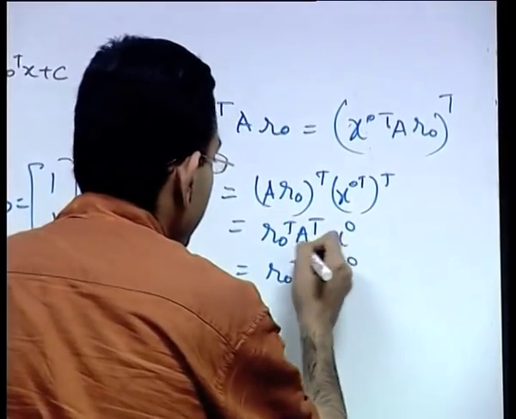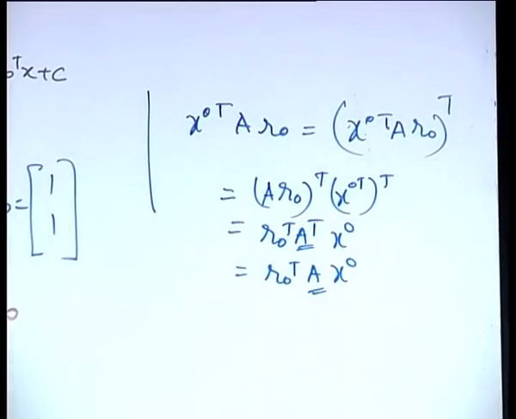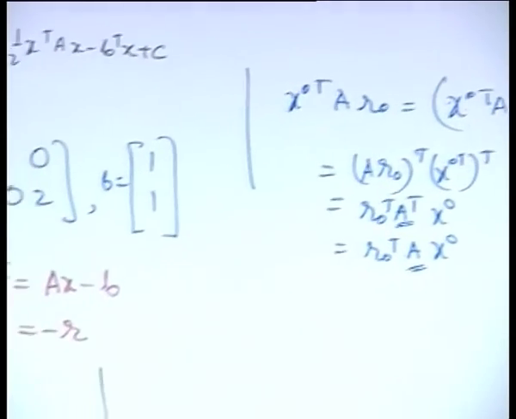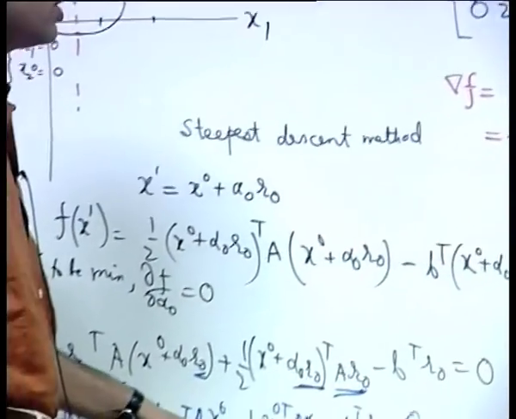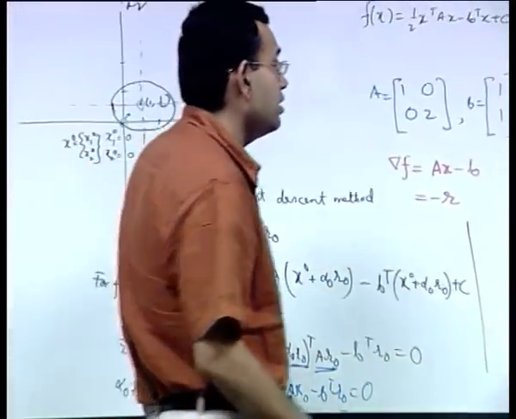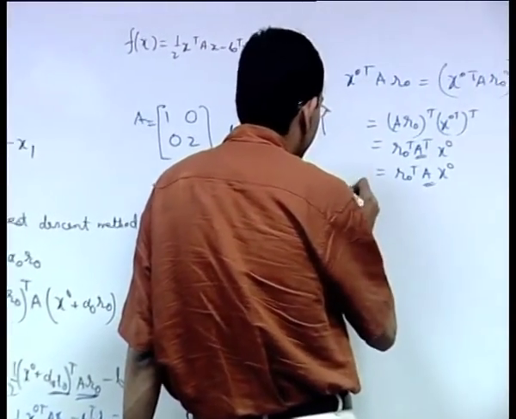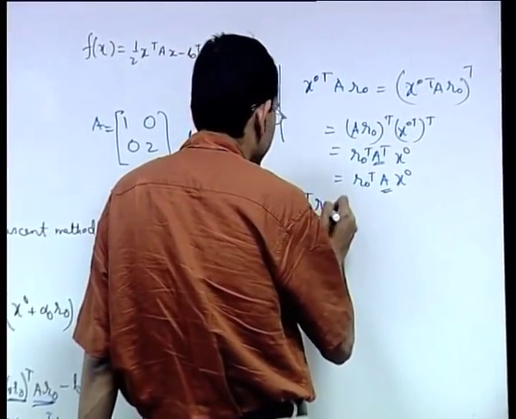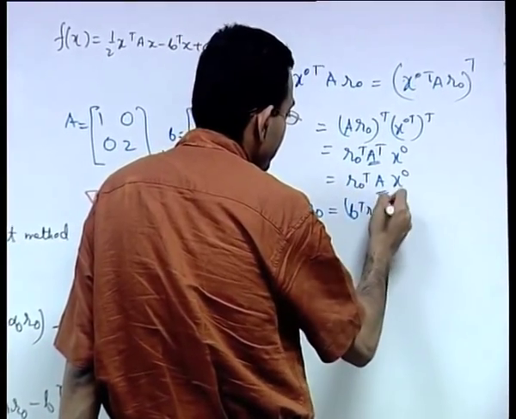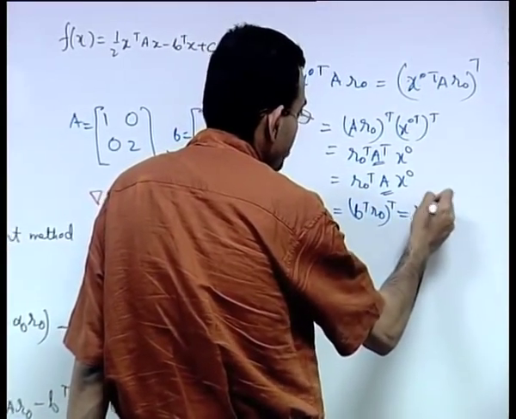So A transpose and A are the same. So the second term and the third term combined together become r0 transpose A x0, and the final term b transpose r0 is equal to its transpose, r0 transpose b.